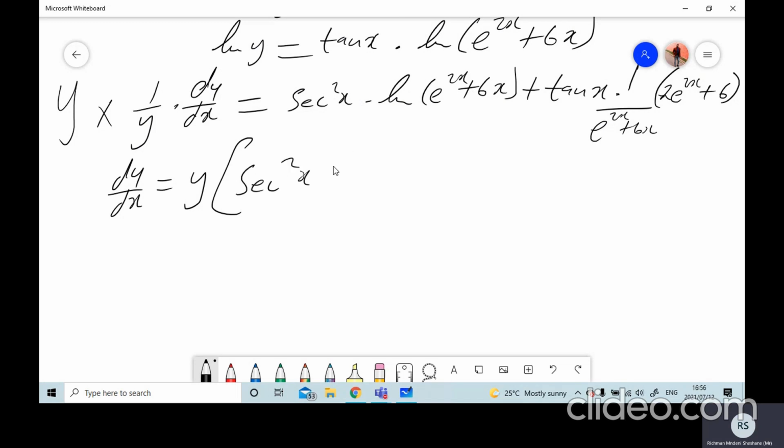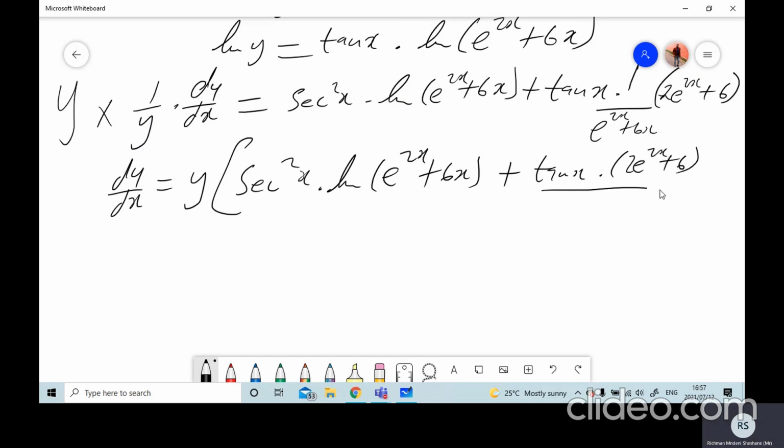Sec squared x ln of e to the 2x plus 6x plus tan x times 2e to the 2x plus 6 all over e to the 2x plus 6x.